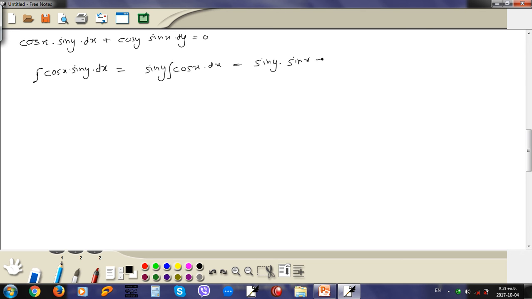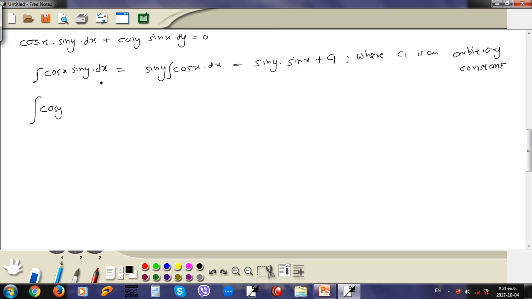So I am adding c1, where c1 is an arbitrary constant.